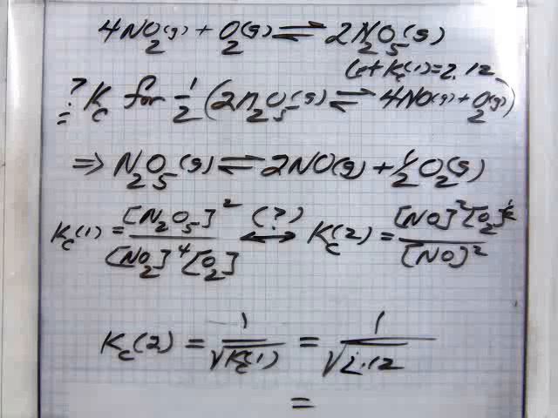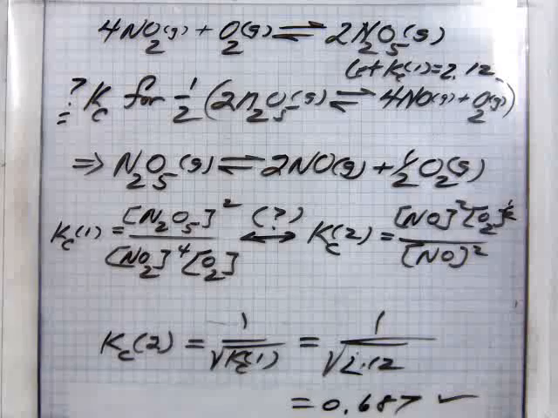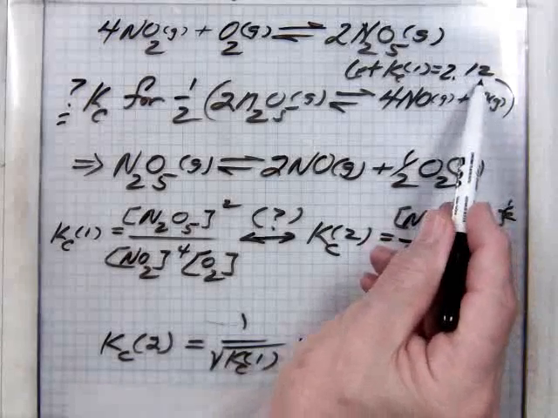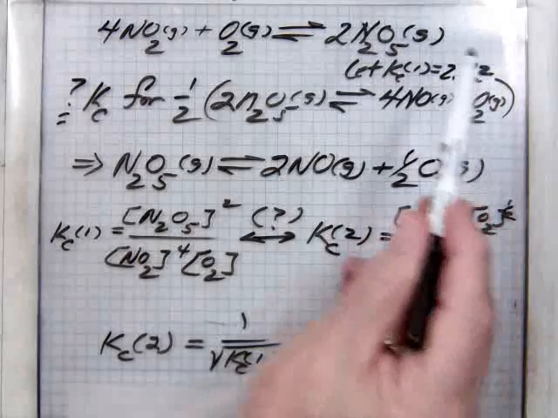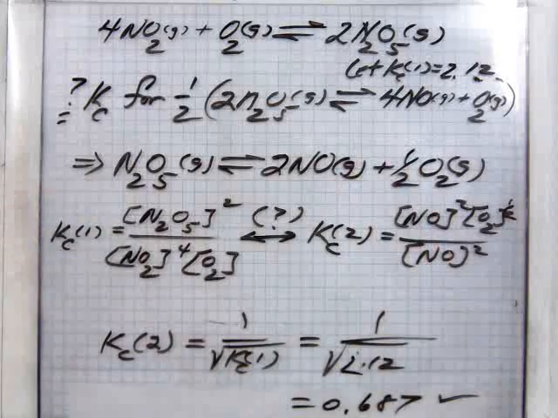I take the square root and the reciprocal, and I have 0.687. If you took the 2.12 and doubled it and took the reciprocal, you would not get this.